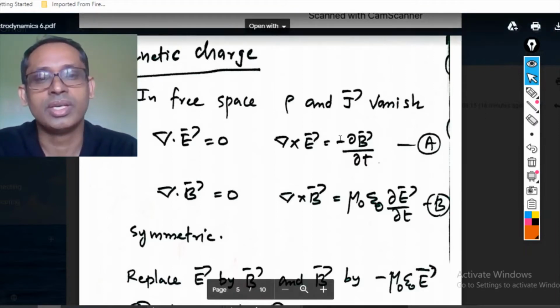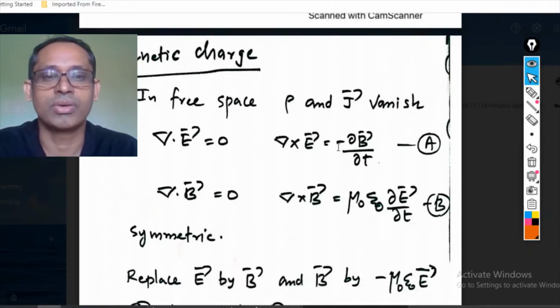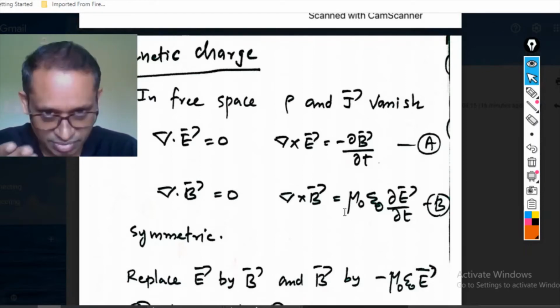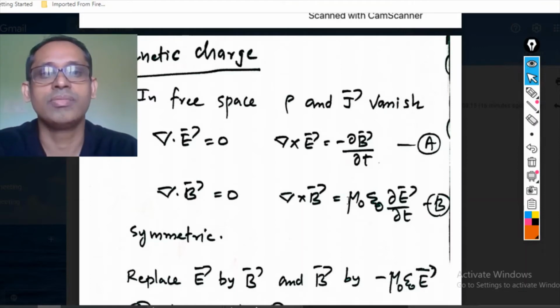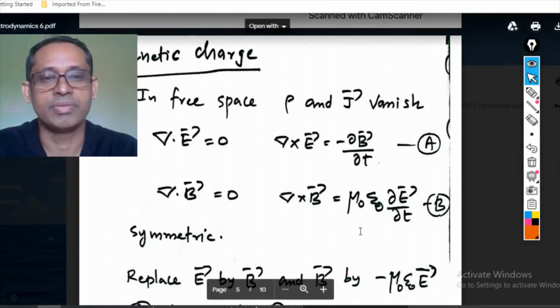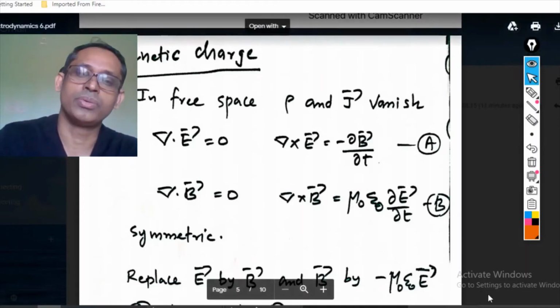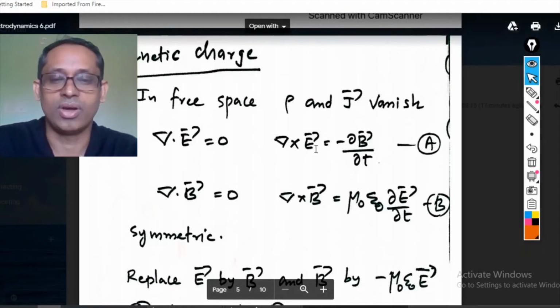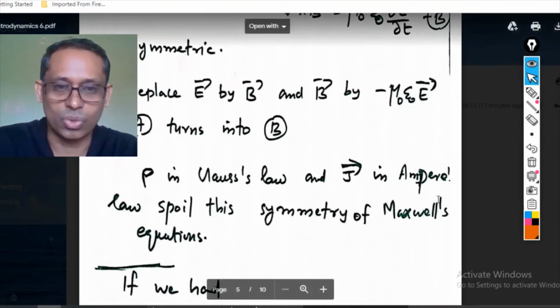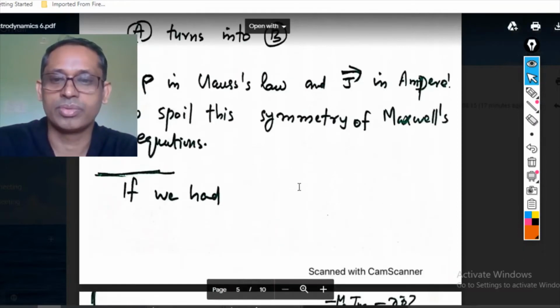Also here we have only del cross E equal to minus dou B by dou t, but if you consider the current density, it will also be here, added with mu 0 epsilon 0 dou E by dou t. So the symmetry is lost due to rho in Gauss's law and J in Ampere's law.